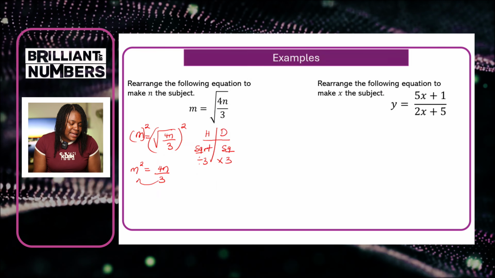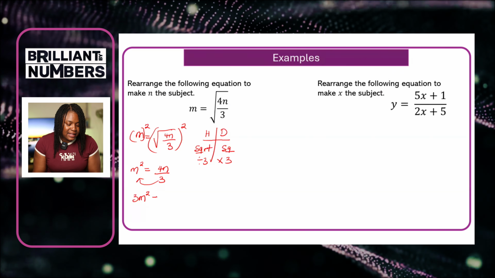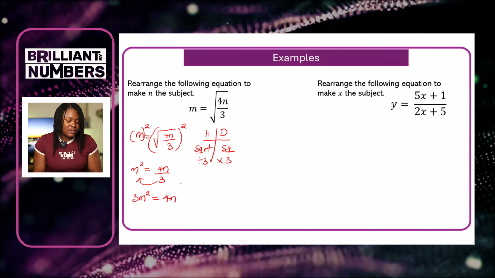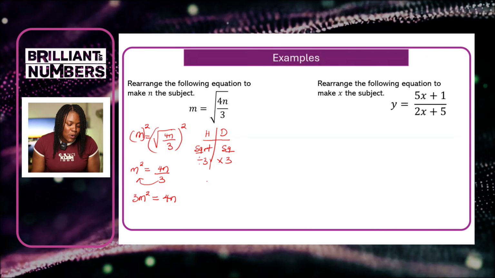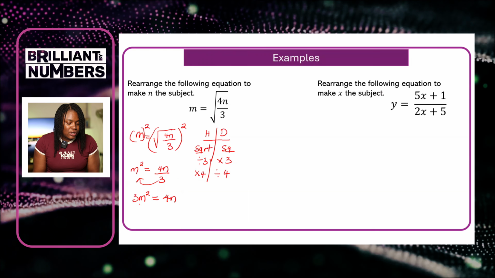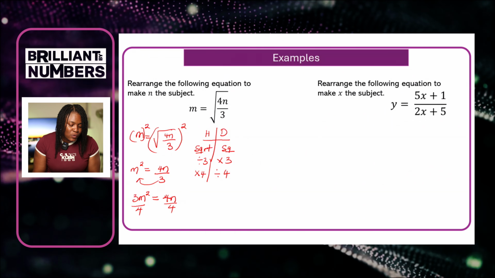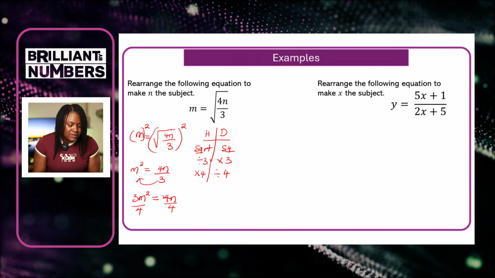So 3 times m squared is 3m squared, and that's equal to 4n. So we now have a multiplication by 4, we need to divide by 4.